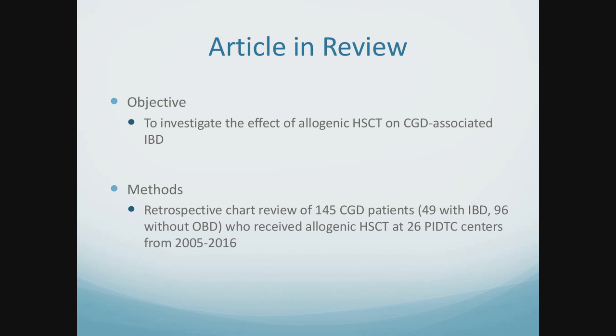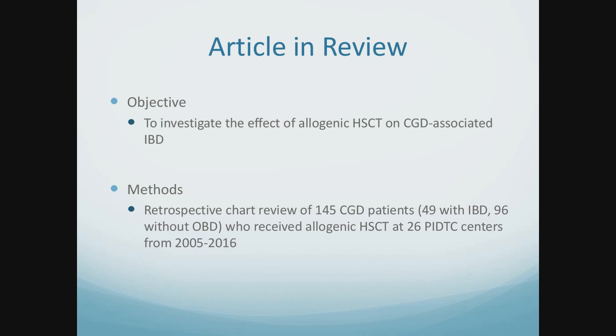The main objective of this article was to investigate the effect of transplant on CGD colitis. The methods were a retrospective chart review of 145 CGD patients, a third of which had IBD diagnosed clinically.